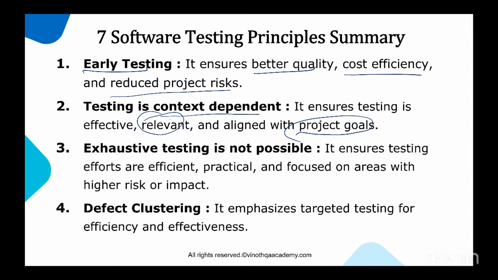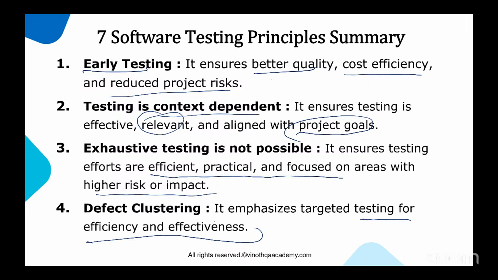We are ensuring that efforts are efficient, practical, and focused on areas which have higher risk or impact. We make sure that we are testing all the important areas, following all the principles and tricks. Defect clustering is targeting testing for efficiency and effectiveness.